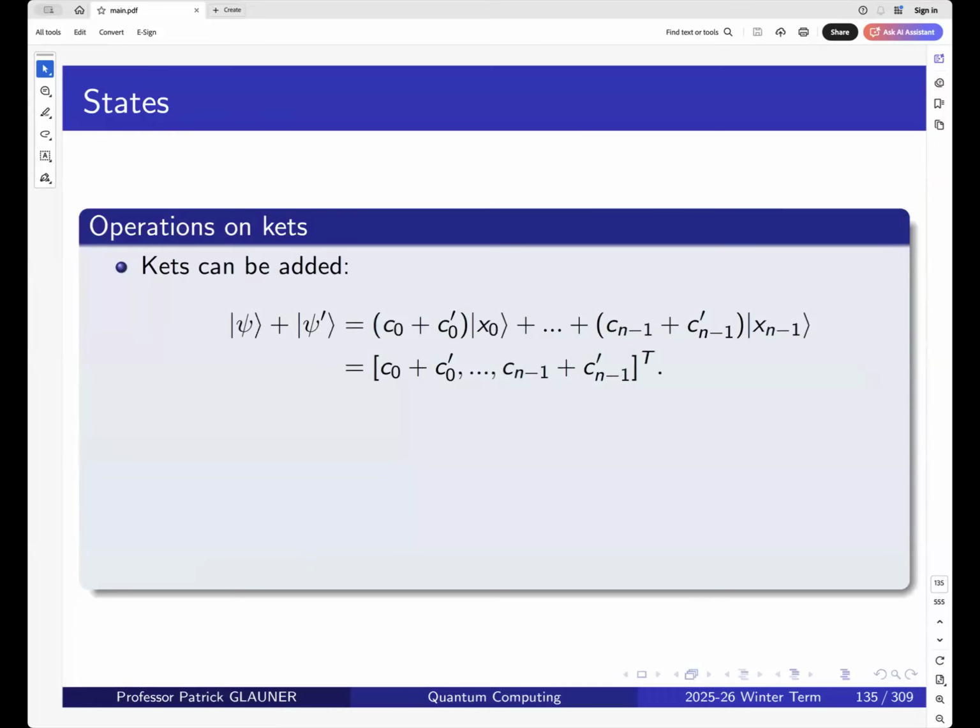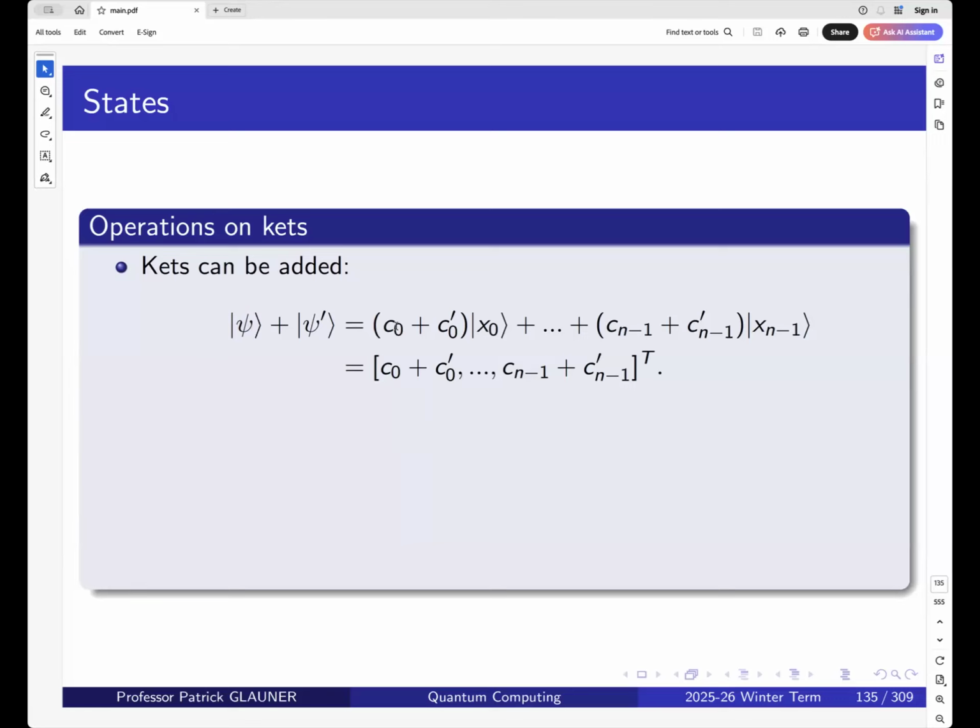There are a few more rules that I won't be writing step by step here on the whiteboard, but rather we briefly look at them in the slides. So you can have two kets, like a psi ket and a psi prime ket, and you can add them, assuming they have the same dimension. It's just vectors, just a different notation for a vector.